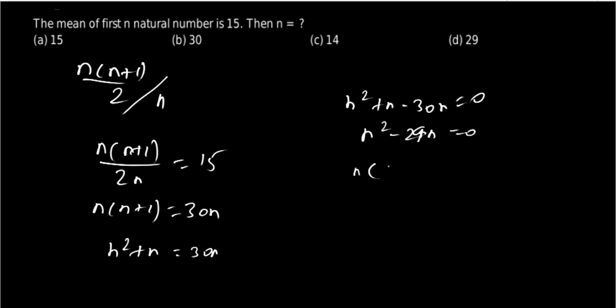If we take n common outside, n into n minus 29 equal to 0. That means n equal to 0 or n is equal to 29. Definitely n cannot be 0. So, if the mean of first n natural numbers is 15, then the value of n, the number of numbers, will be 29. So, option D is the correct answer.